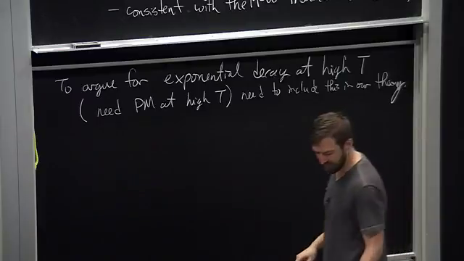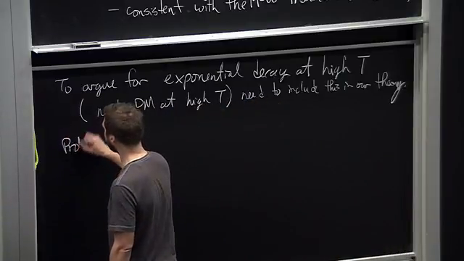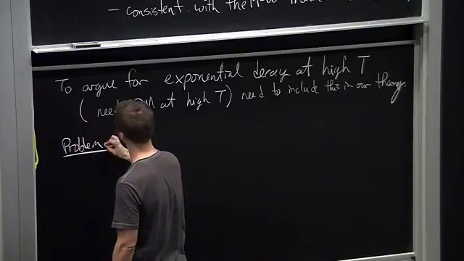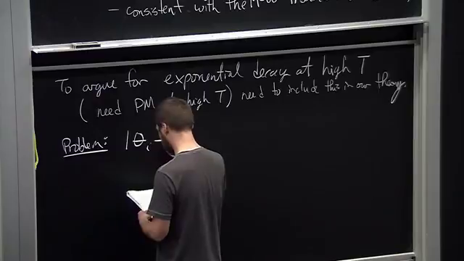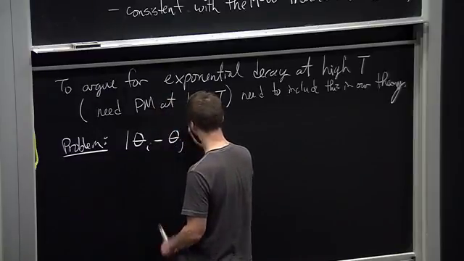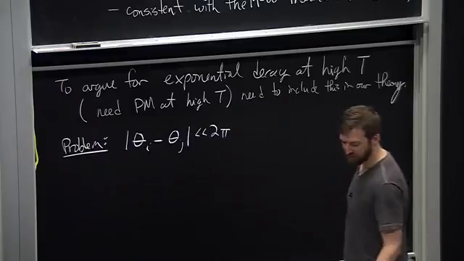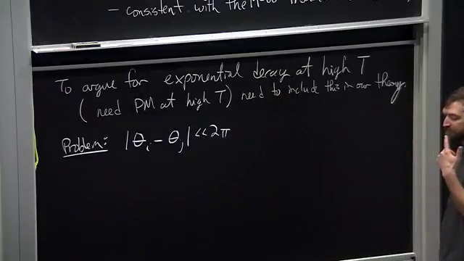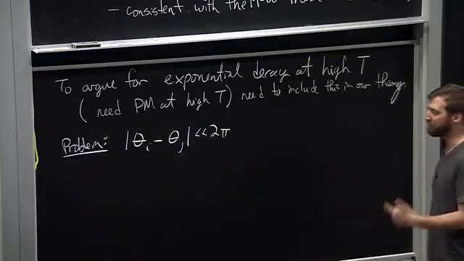Okay, so the problem is in the idea that theta i minus theta j, or theta x minus theta 0, is very small. That neglects the possibility of those vortices that we were looking at.